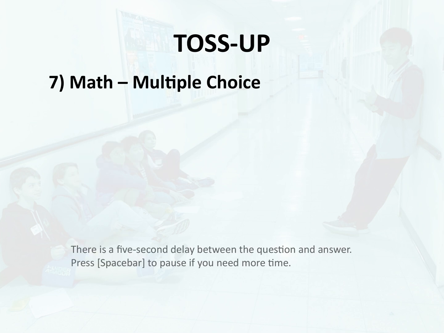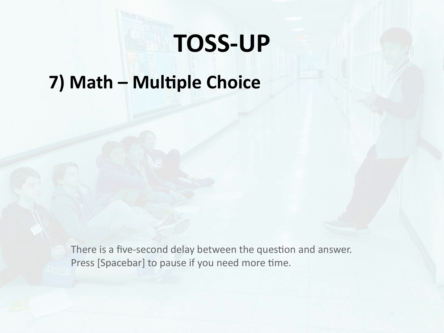Toss-up 7. Math, multiple choice. A coin is flipped 6 times. The first 5 flips all result in heads. Which of the following statements is true about the result of the 6th flip? W. It is more likely to be heads. X. It is more likely to be tails.